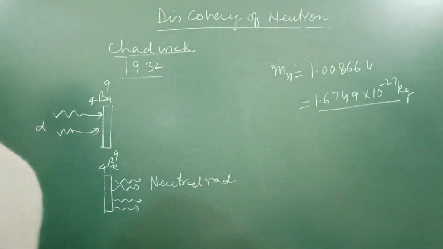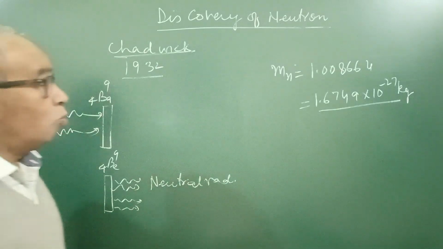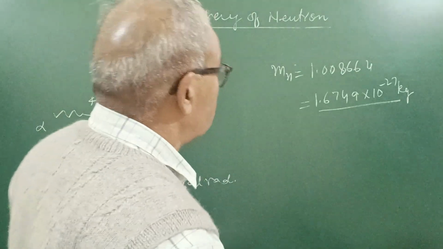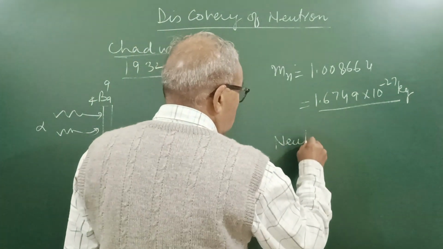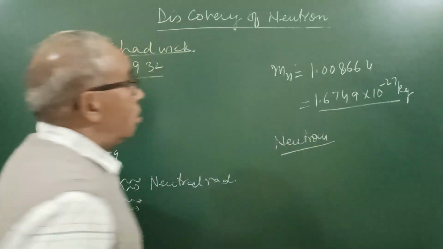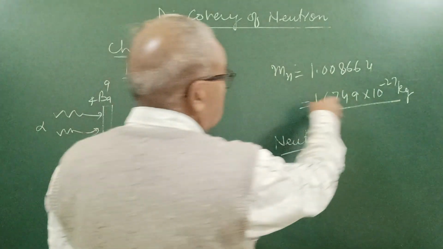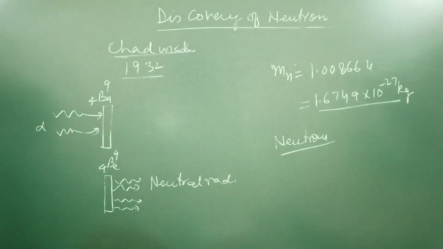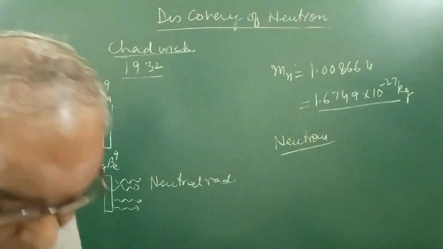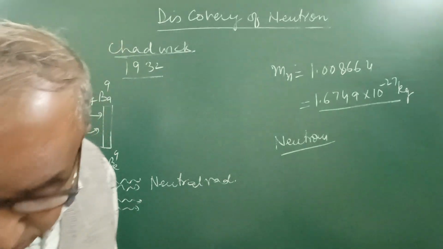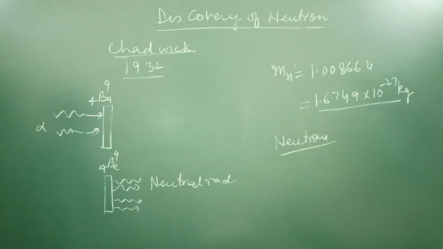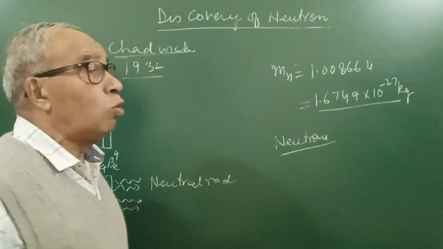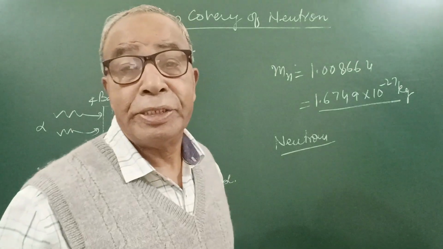Chadwick told that these neutral radiations are new particles which are neutral, have no charge on them, and he named them neutrons. By assuming this, the structure of the nucleus could be satisfactorily explained, and the mass of the nucleus was supposed to be the sum of the masses of the protons and neutrons present in it.